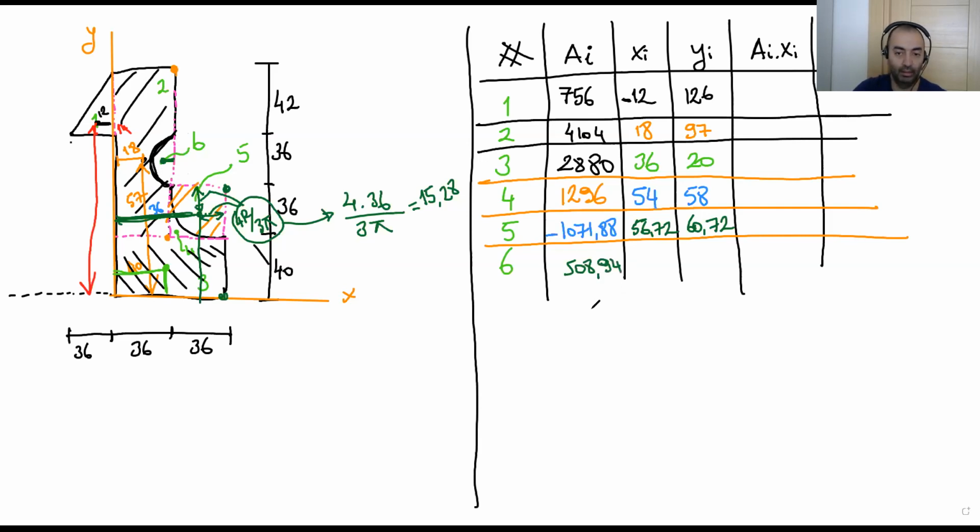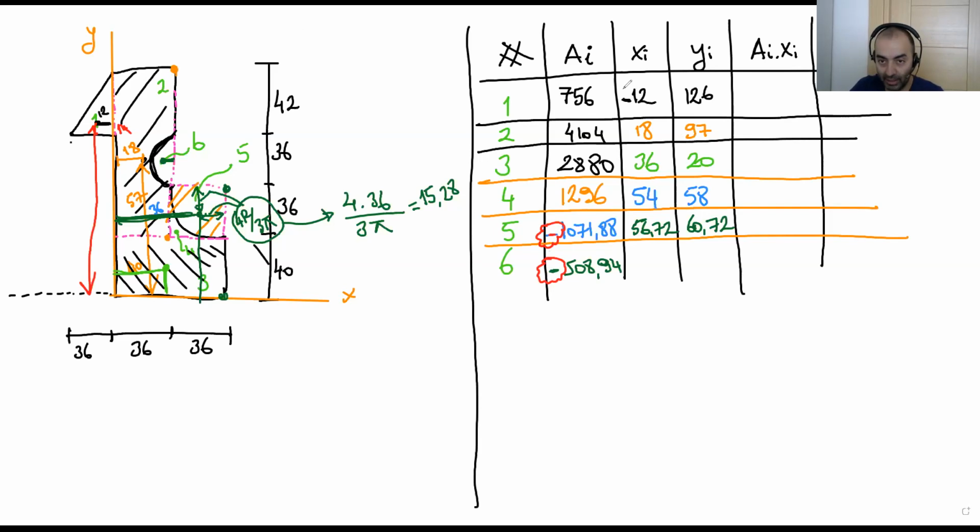But again, you have to watch out for this sign. We are removing this area, that's why it should be minus. Here you can see the minus, and here you can see the minus. We are removing these areas.